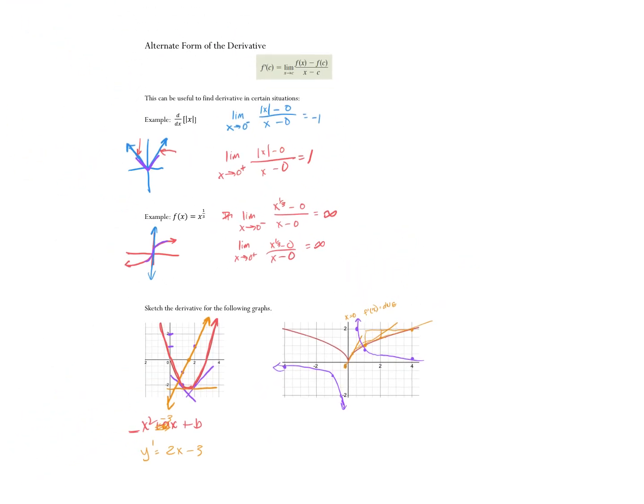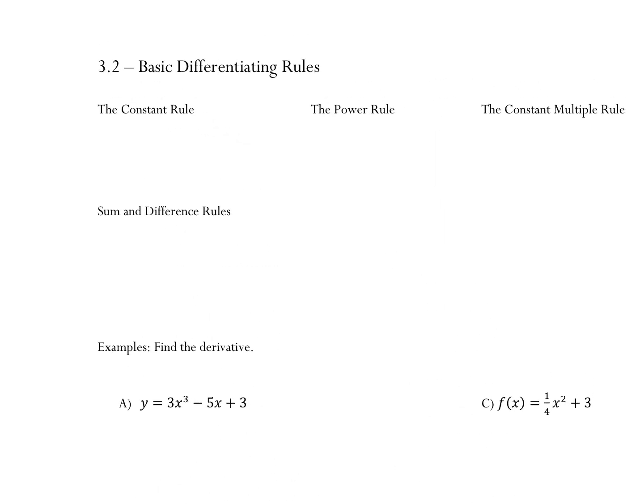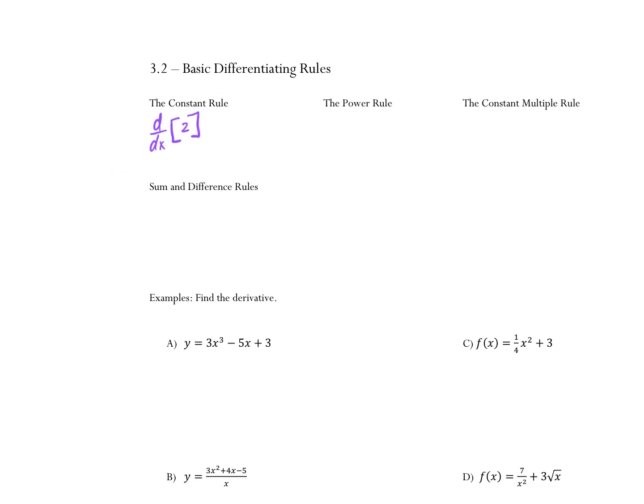All right. So let's talk about some really basic forms of some rules for taking derivatives. We're going to get as far in this as we can, okay? Constant rule, you guys. The derivative of a constant, I'm going to use 2. Think about the function f of x equals 2.